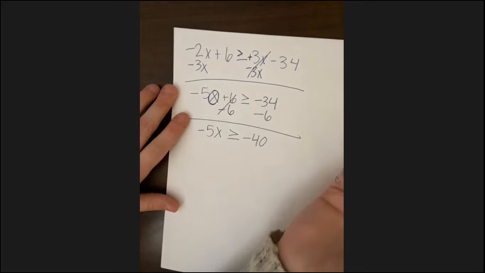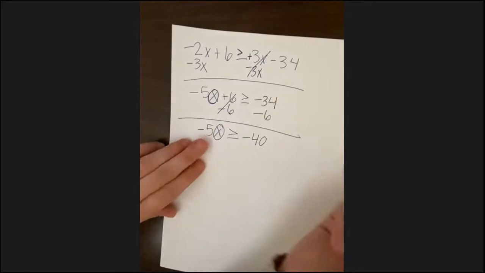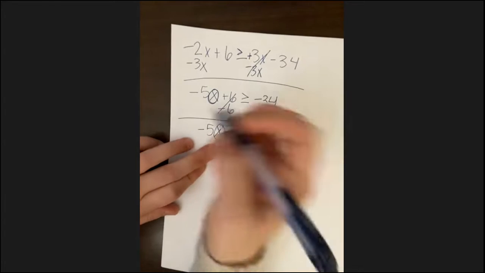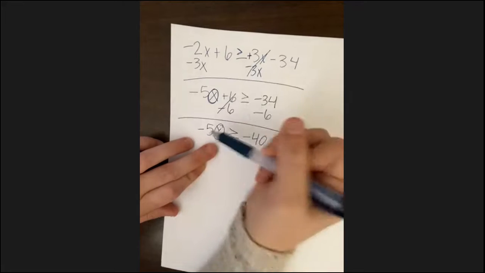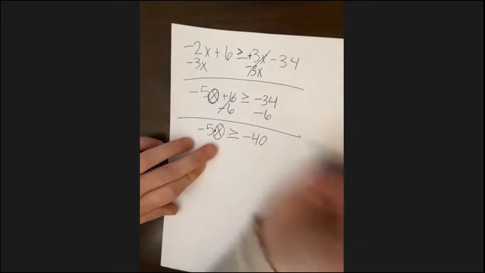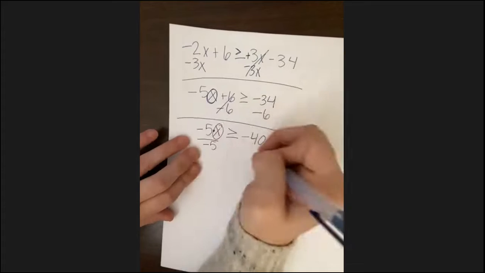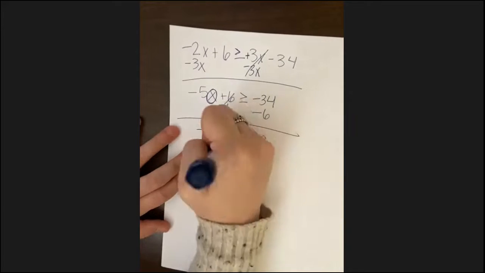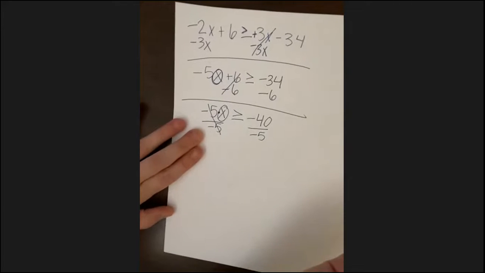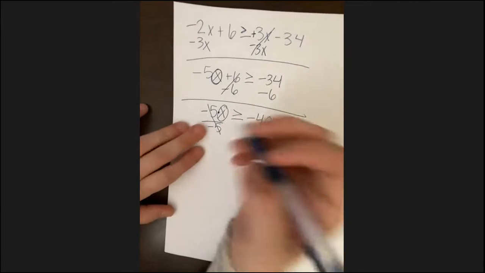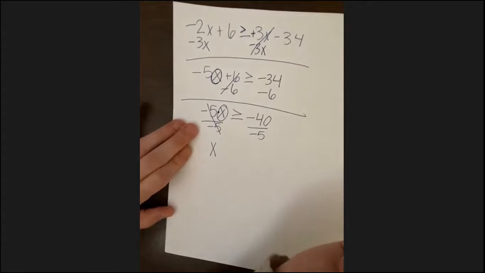And then the last step being trying to get that alone. So I got to get rid of that 5. It's being multiplied. To undo multiplication, we divide. That would cross out. And so on this side, all you're left with is x.